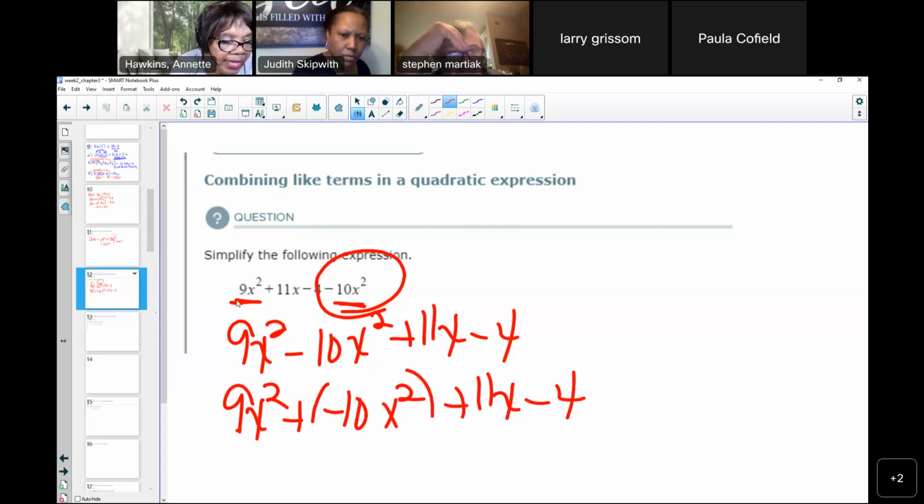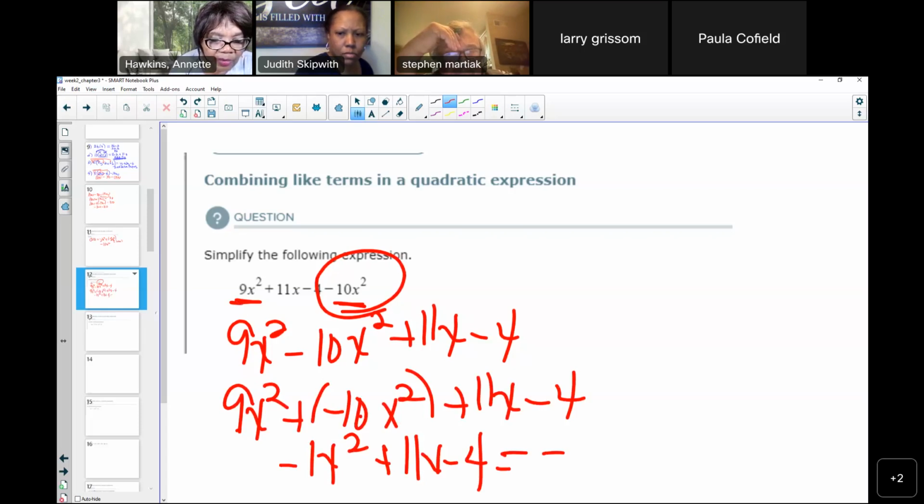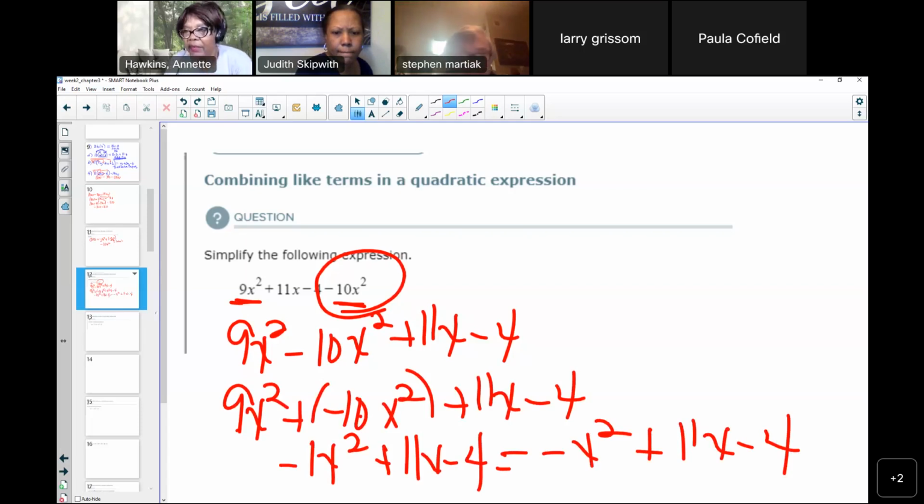So this is 9 plus negative 10, which is negative 1. And you can just say minus x squared plus 11x minus 4. Okay, are there questions? Okay, looking good. Good answers.